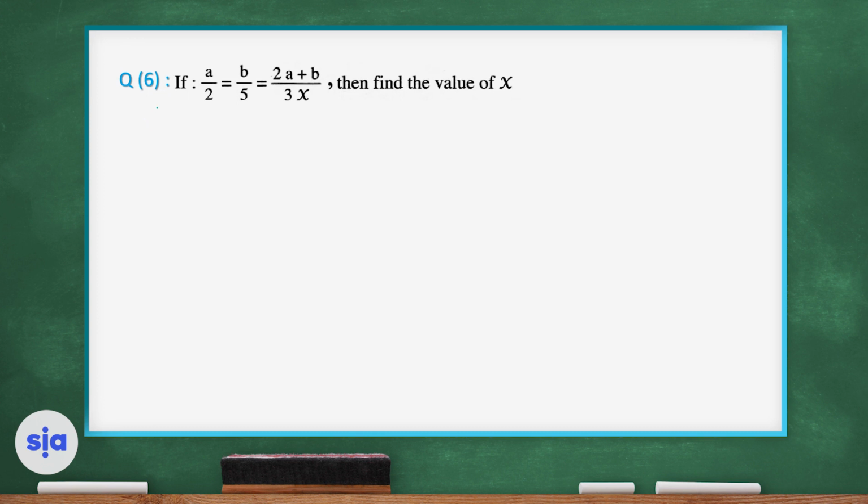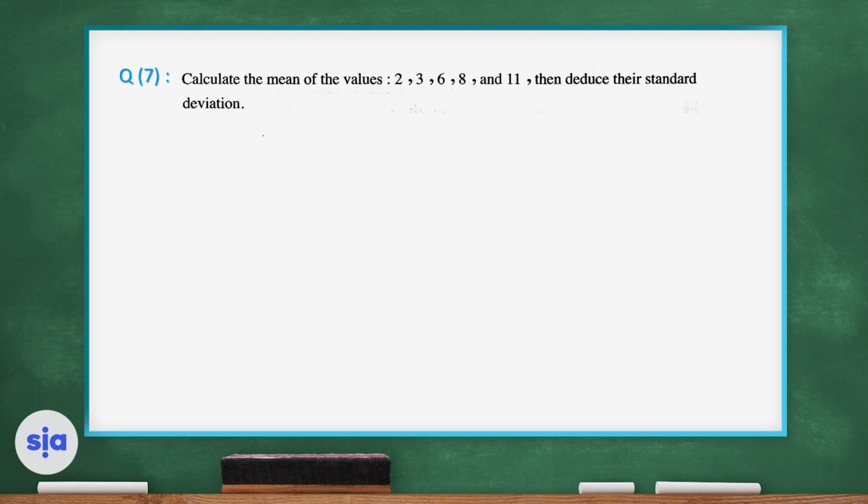As you can see here, the 2a is that you multiply the first ratio by 2, plus b, so it's plus 5 here, equals 2a plus 2b over 9. Then 2a plus 2b over 3x, so that 3x is equal to 9, then x equals 3.